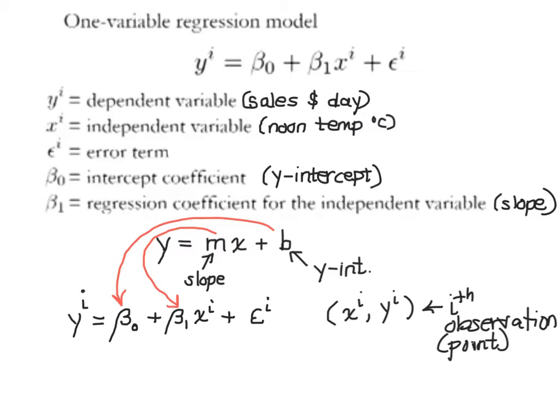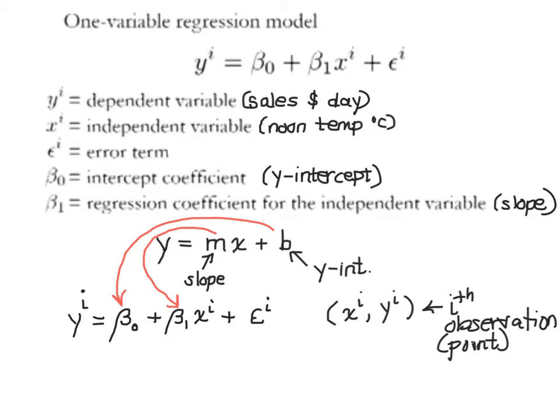So what happens is, since b naught and b sub 1 are fixed values, these are constants, when we input our x value for any ith observation, we're going to get an approximation of what the corresponding y value is for that ith observation.